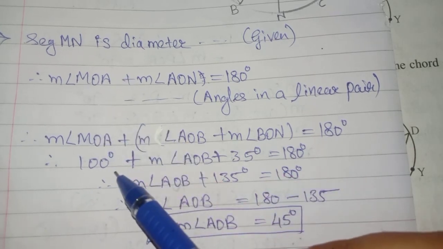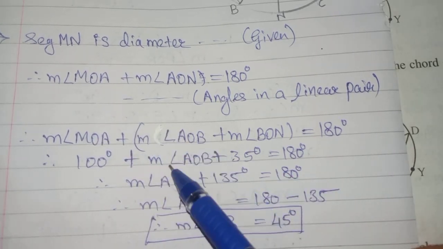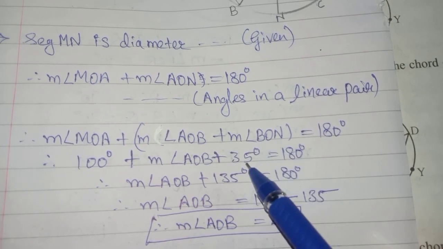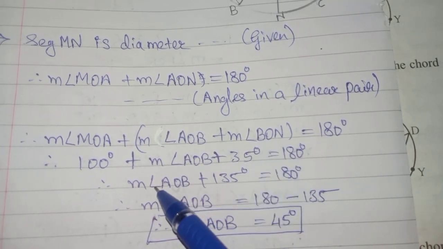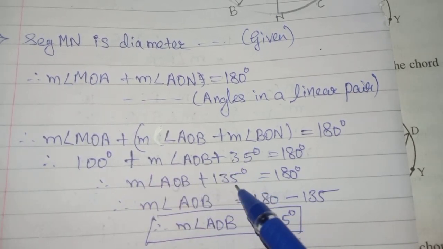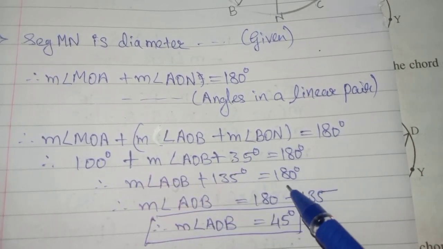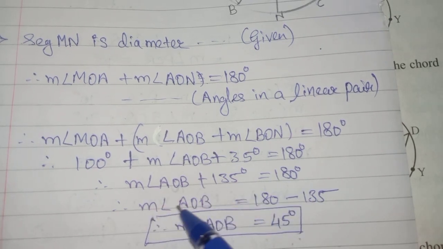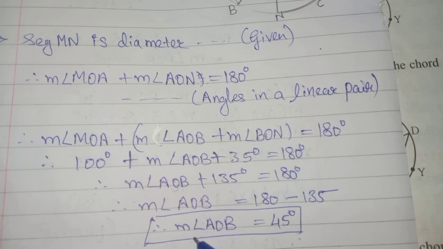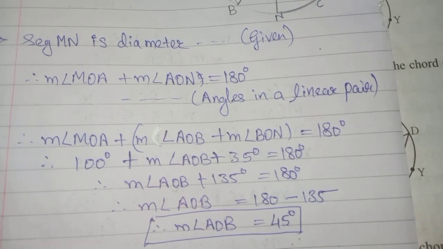Therefore MOA is 100 degrees, plus AOB we have to find out, and BON is 35 degrees. Therefore 100 plus 35 is 135, so measure angle AOB is equal to 180 minus 135, that is 45 degrees.